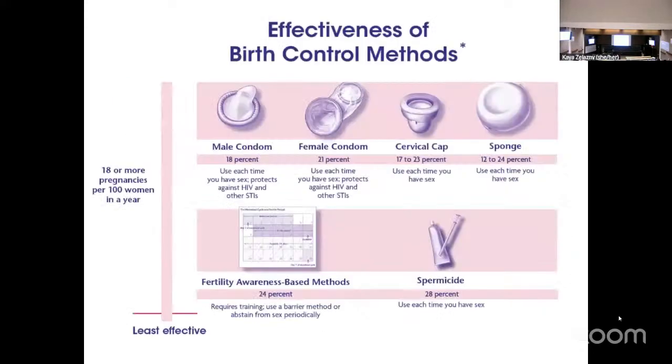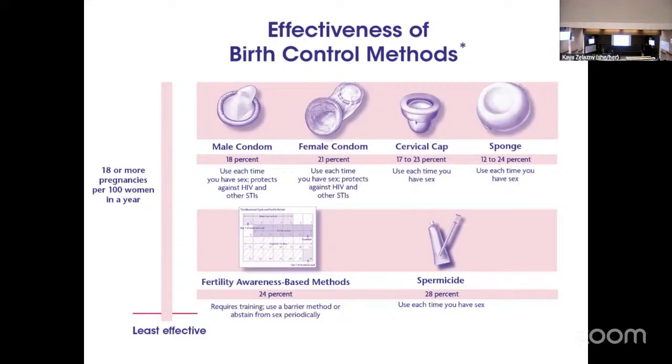So if we're thinking about effectiveness, I'm going to walk you through what's least effective to what's most effective. Patients may be choosing any one of these methods, whatever people want to do in their lives, valid. However, when we look at the least effective methods, that's going to be mainly our barrier methods, as well as fertility awareness-based methods.